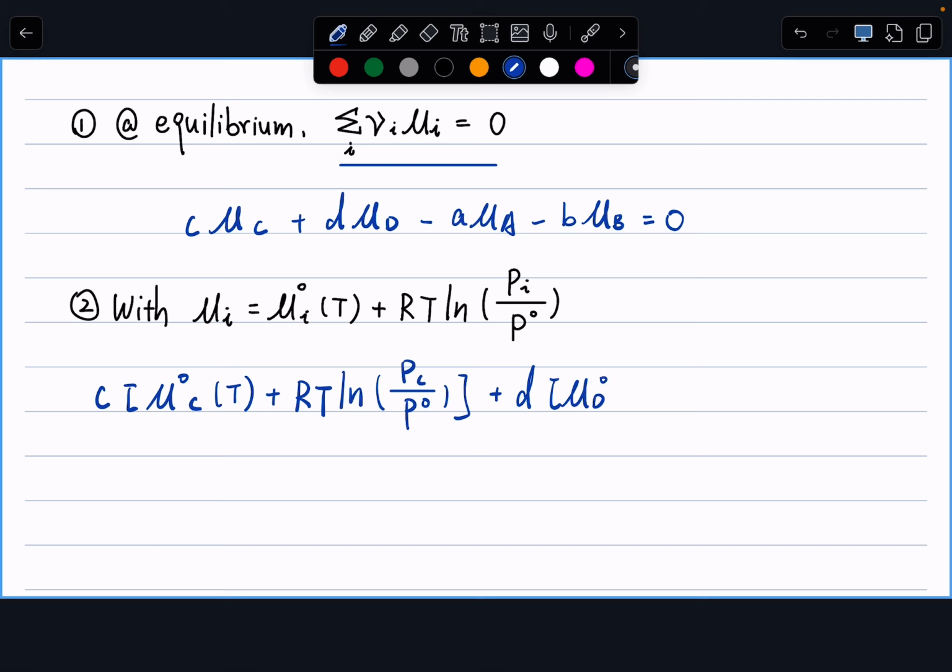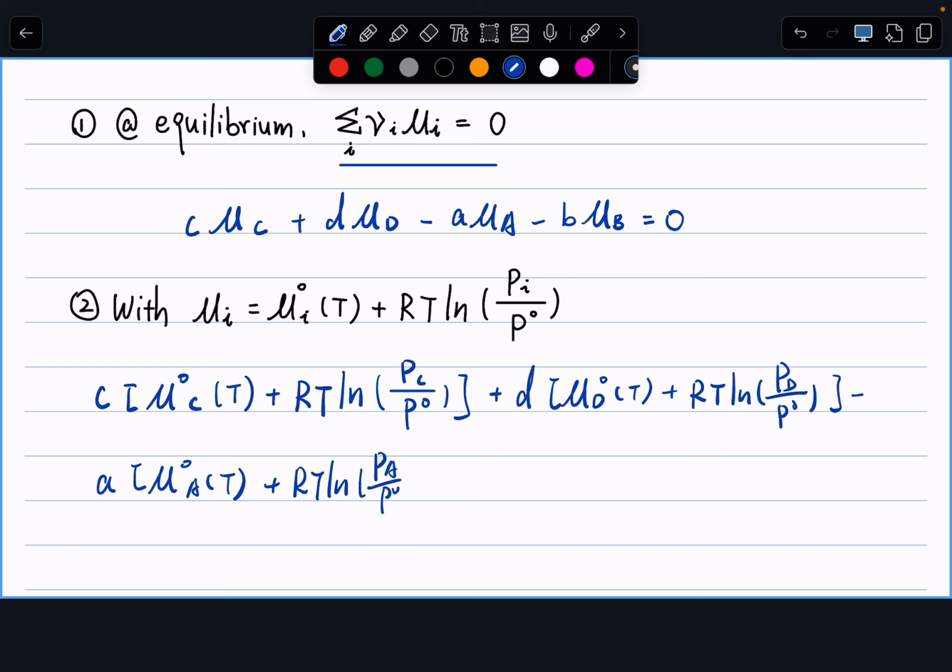So mu D naught at a certain temperature plus RT ln PD over P naught, minus A times mu A naught at a certain temperature plus RT ln PA over P naught, minus B times mu B naught at T plus RT ln PB over P naught.